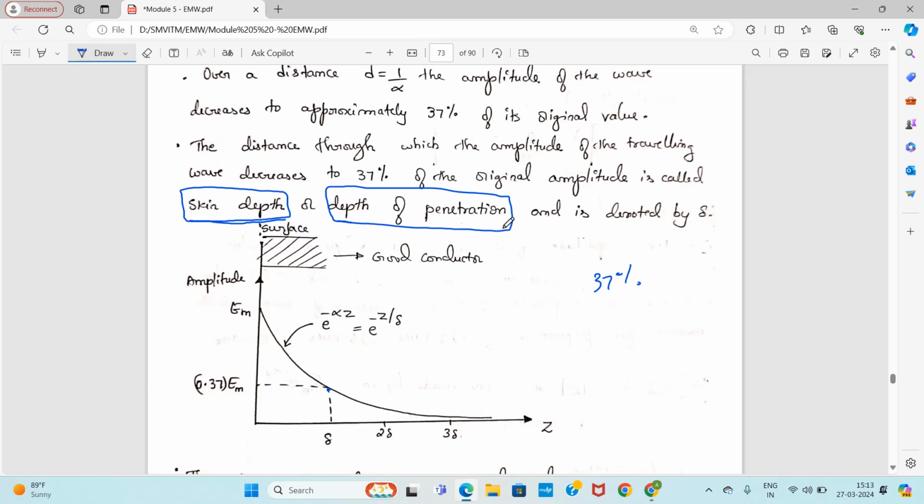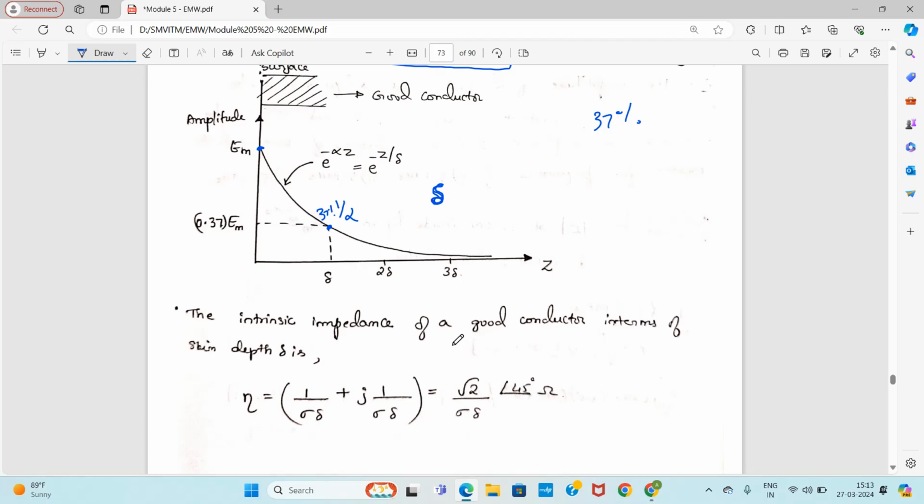As you can see, initially it was equal to Em, then it starts reducing, and at a distance of 1 by alpha, the value reduces to 37%. This distance, 1 by alpha, is called skin depth and denoted by delta. This is the symbol used here.